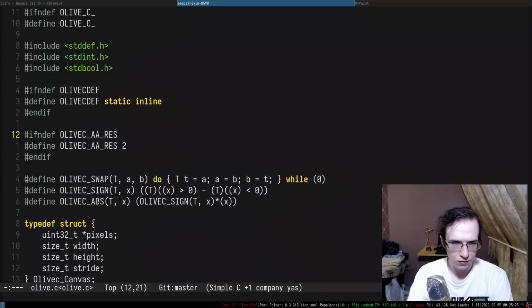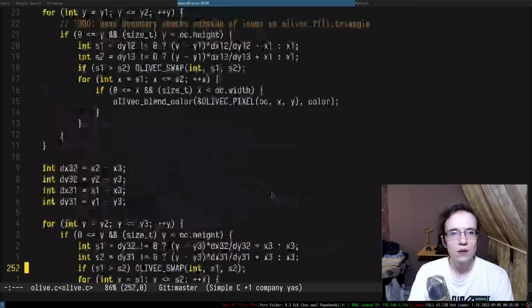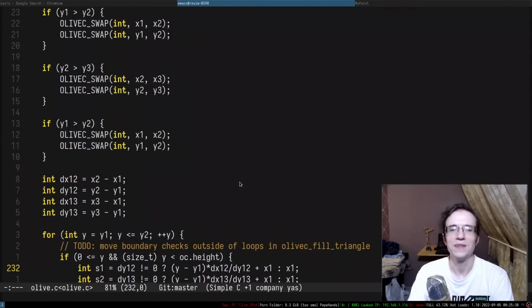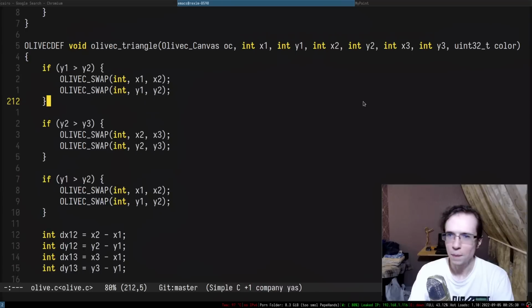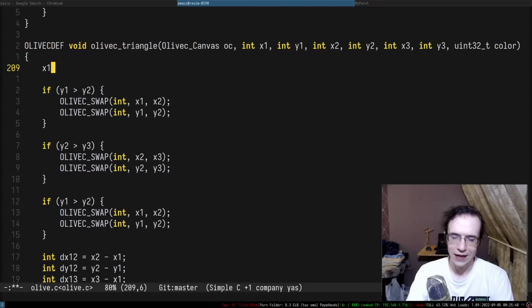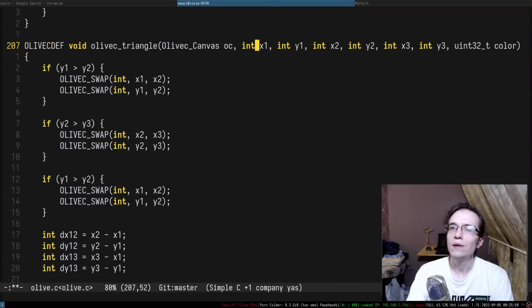Where is my Olive.c? Olive.c. So essentially, what we have to do is turn all of these things into floats, right? X1 has to be float, and its position has to be, yeah, let's put it like this.